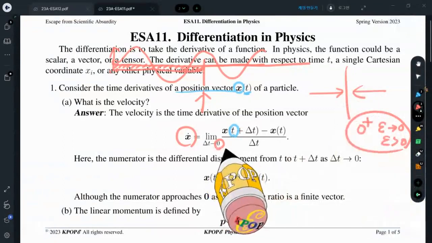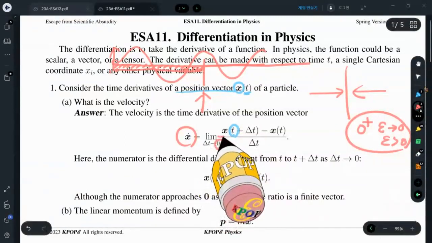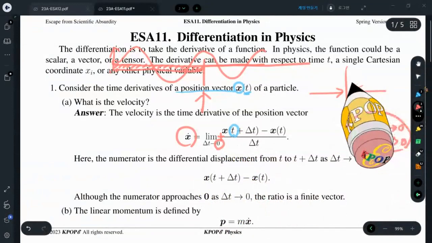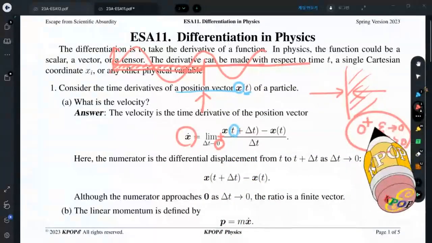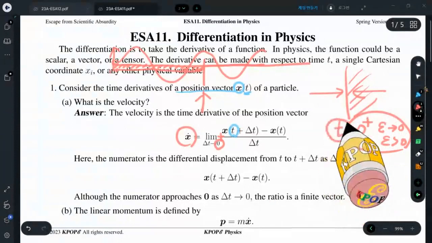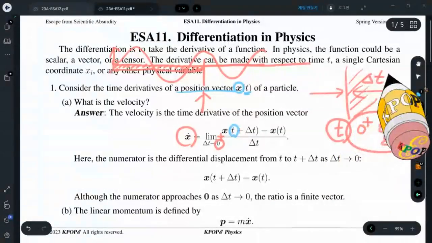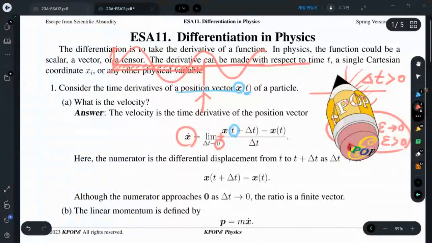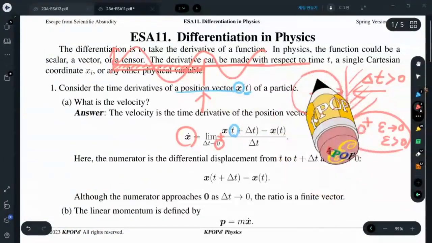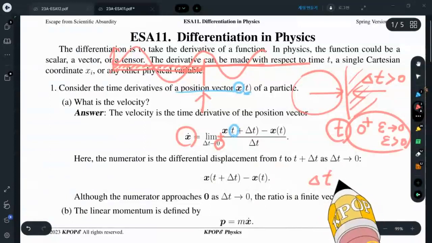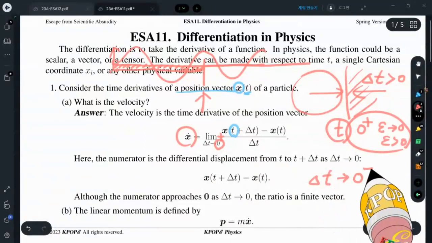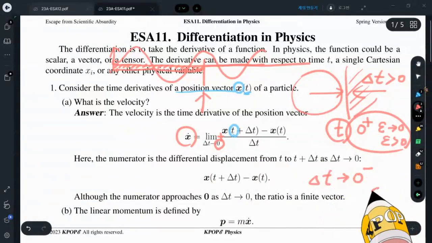So in this case, if you attach a plus here, then you are looking at the right side of t. So delta t is positive. If you're looking at the left part, then you had better to write delta t goes to 0 minus, and 0 minus is epsilon goes to 0. However, epsilon is negative.